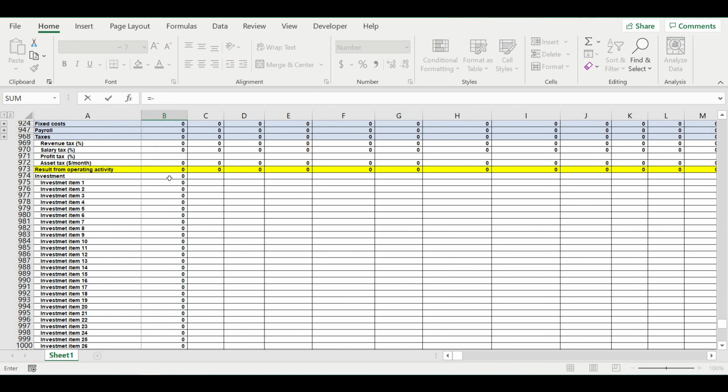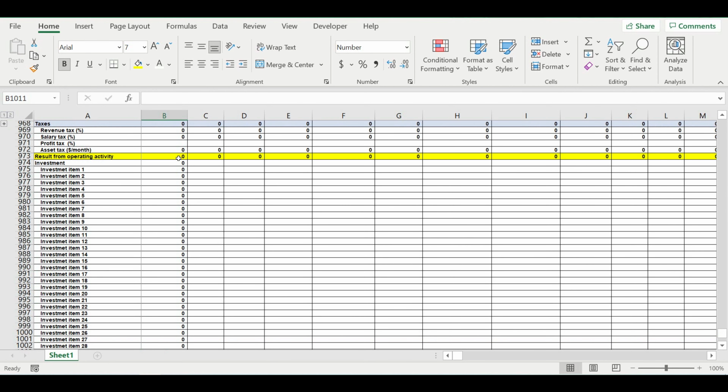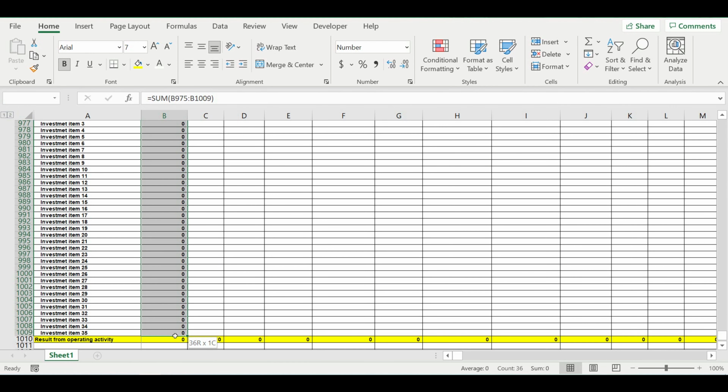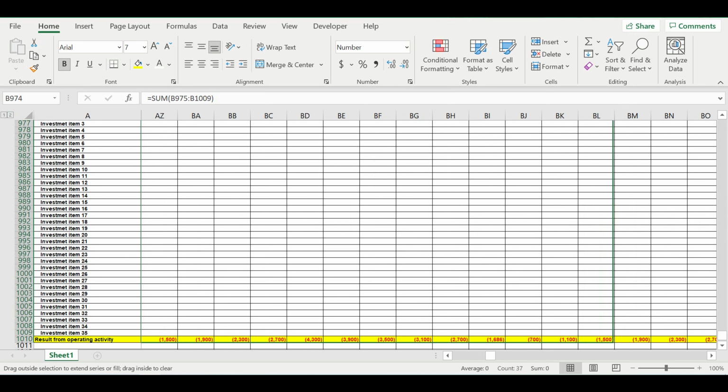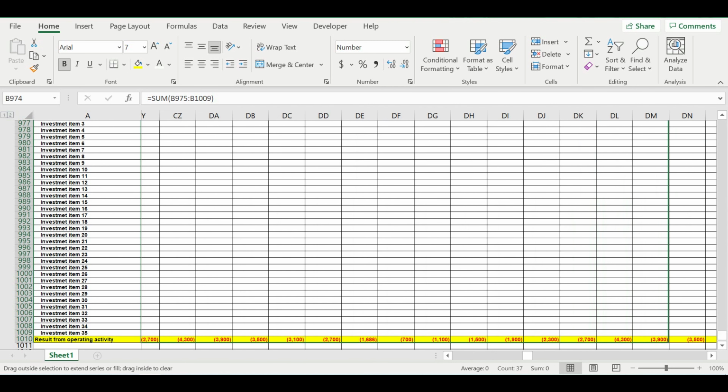We take a minus sign because investment is an outflow. Then we extrapolate this formula to the rest of our timeline.